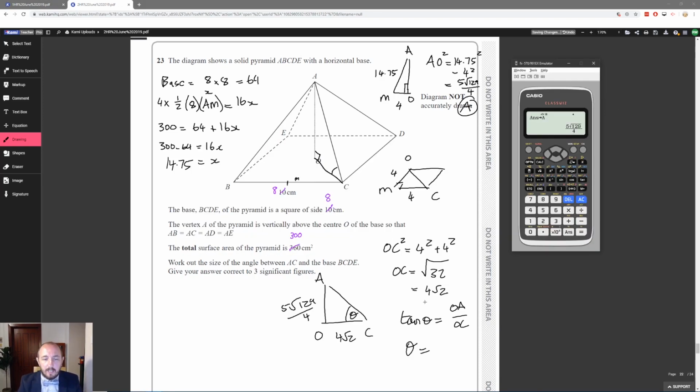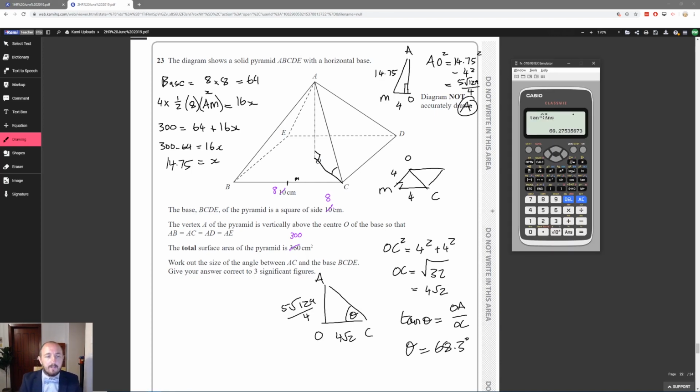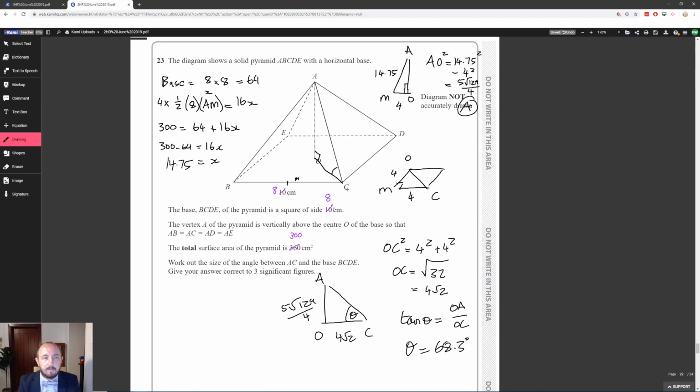So OA, 5 root 129 over 4, divided by OC, which is the square root of 32. And then I'm going to inverse tan that answer. 68.3 degrees to 3SF. Okay.